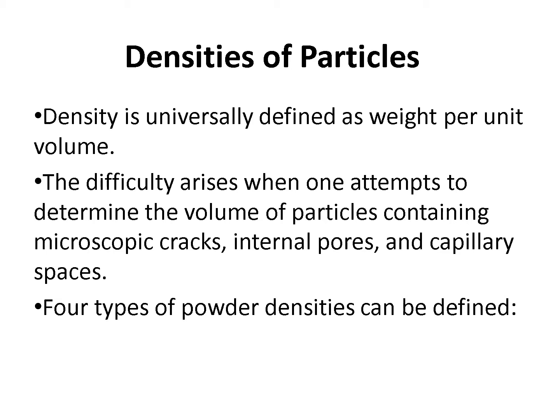If we divide the weight by V bulk, we'll get the bulk density, which is the smallest value because V bulk is the largest. And if we divide the same weight of the powder by the true volume, we'll get the largest value of the density, because the Vt is the smallest and constant, and that will be saved in references.